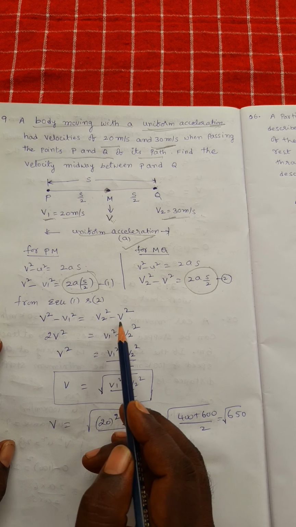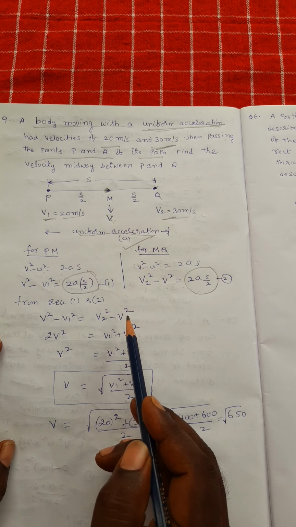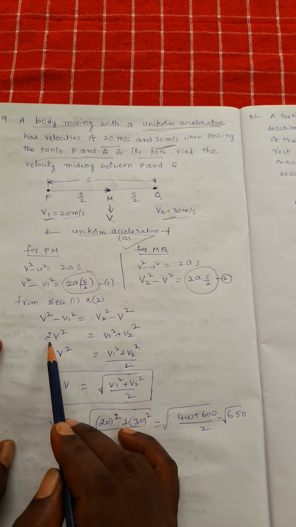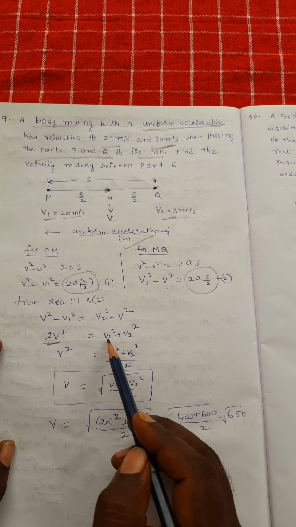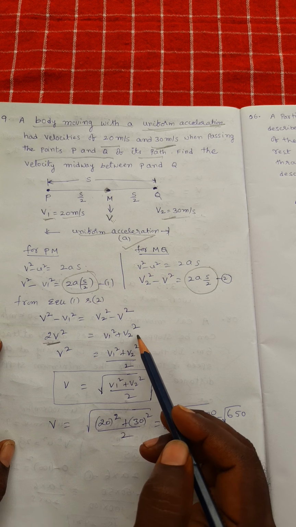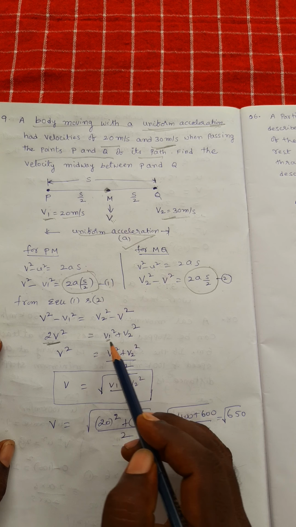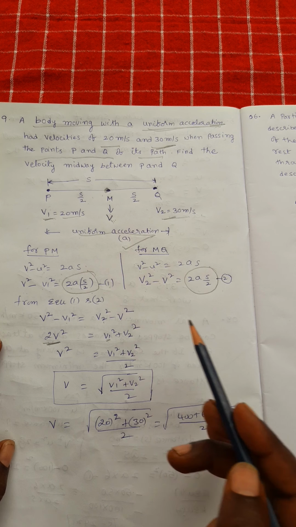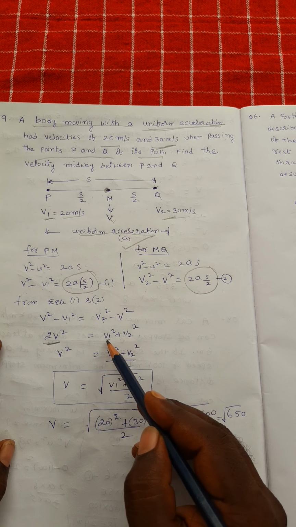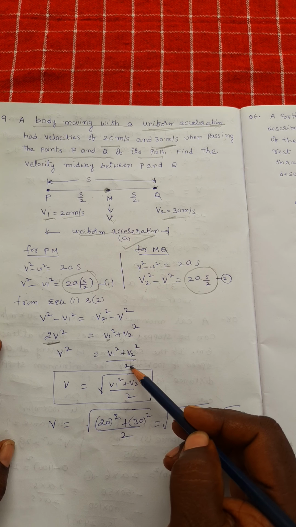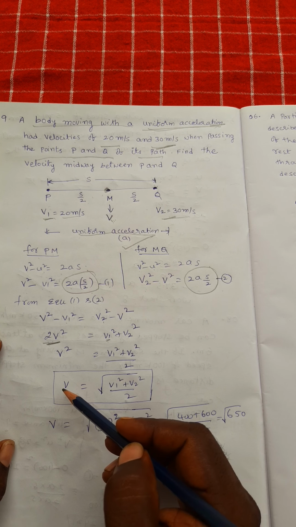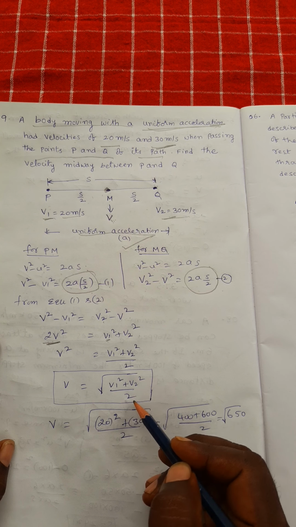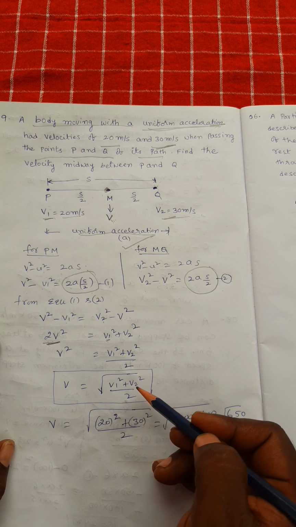By simplifying this, bring V square to the LHS: V square plus V square, 2V square, is equal to V1 square, bring to the right-hand side becomes plus V1 square, plus V2 square on the right-hand side. Now V square is equal to V1 square plus V2 square by 2. To find the velocity midway between the points P and Q, V is equal to the square root of V1 square plus V2 square by 2. So this is the general formula.